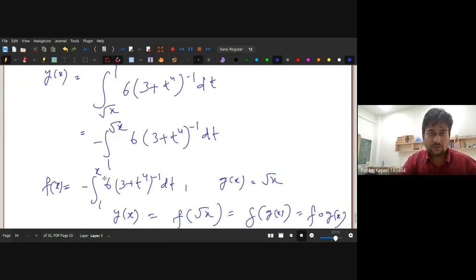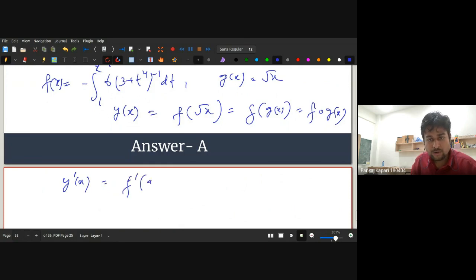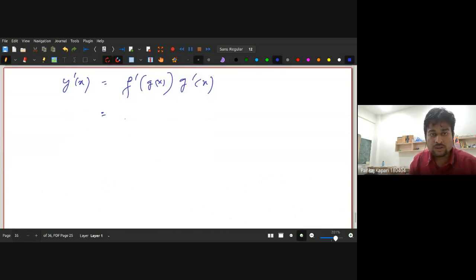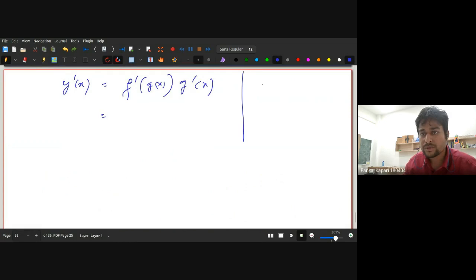Now because we have to differentiate this y with respect to x, we have to apply the chain rule, right? So the derivative is just f prime of g of x, by chain rule, into g prime of x. First you have to calculate what is f prime of x.